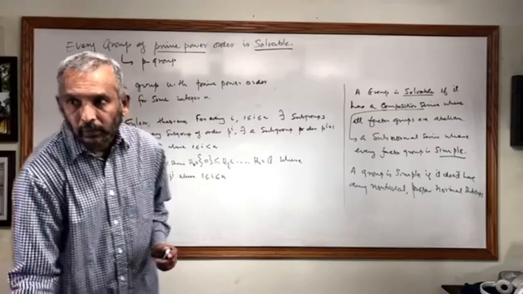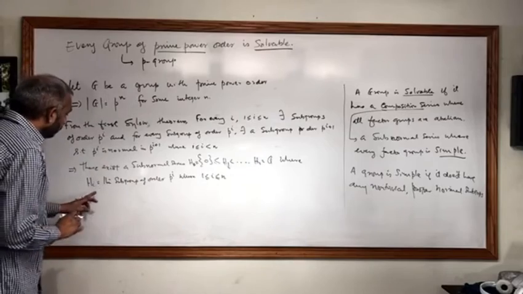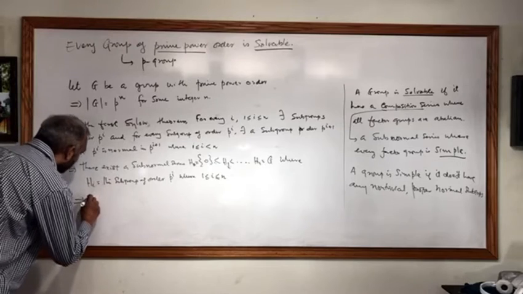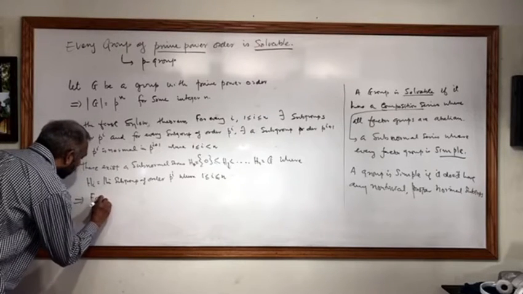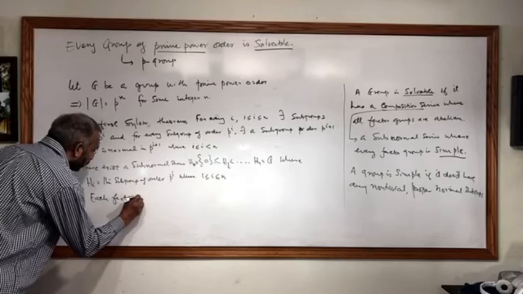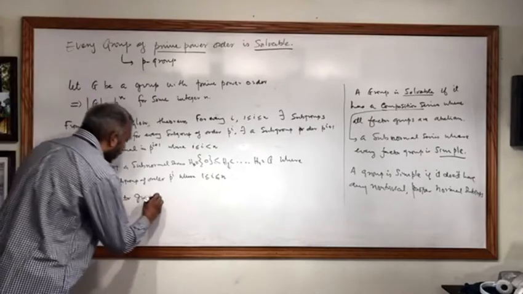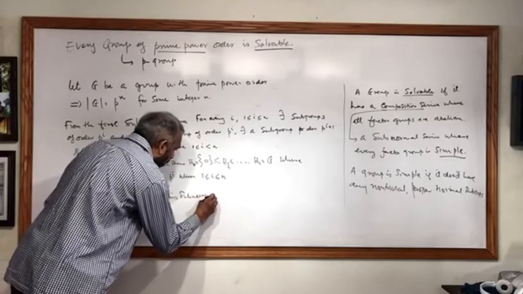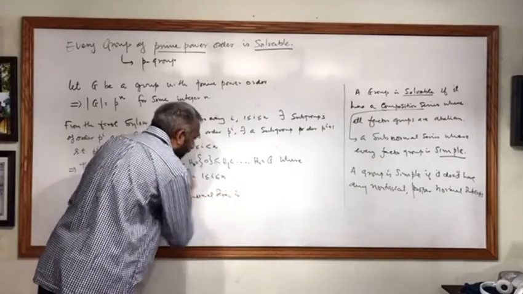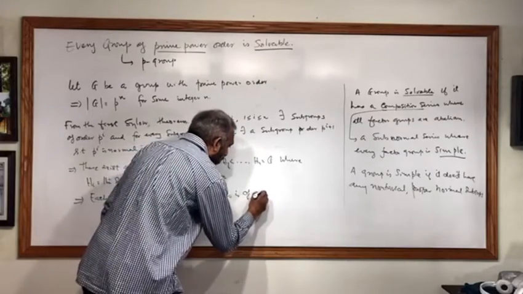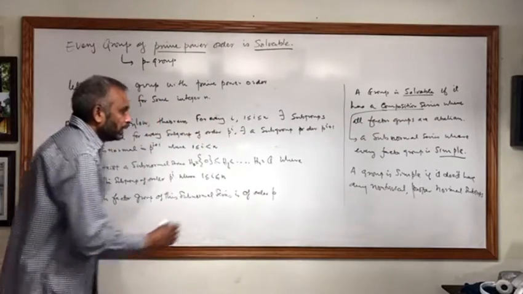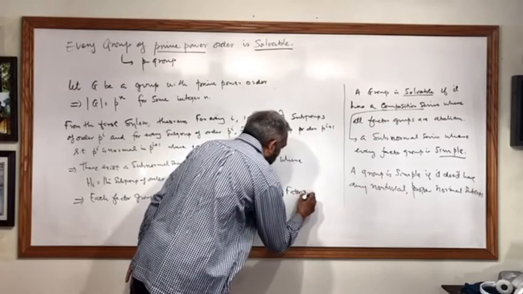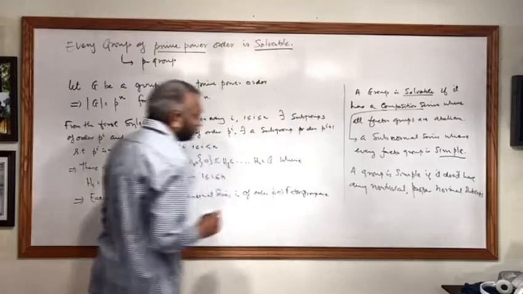And this implies, in this subnormal series, each factor group is of order p, which implies factor groups are simple.